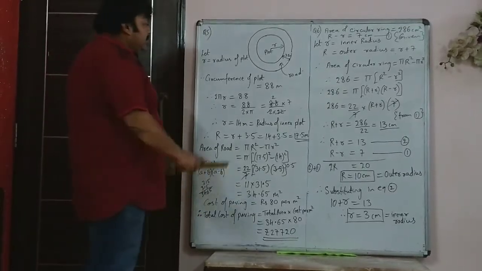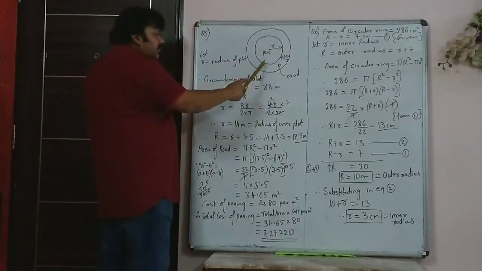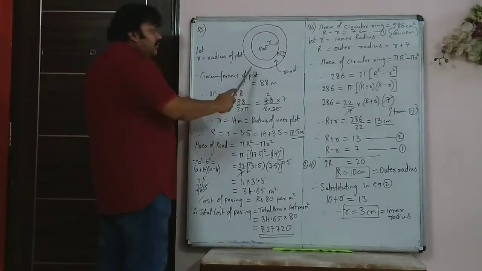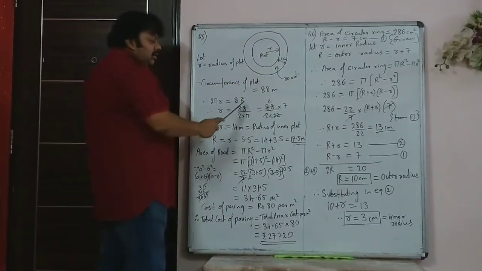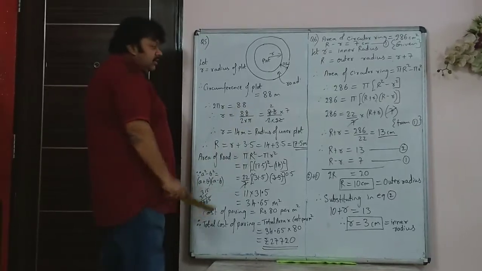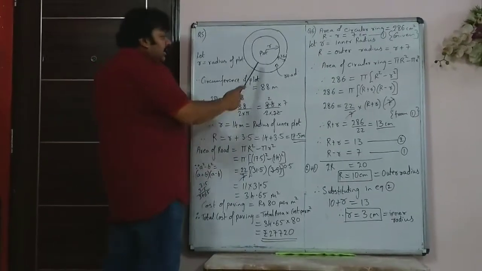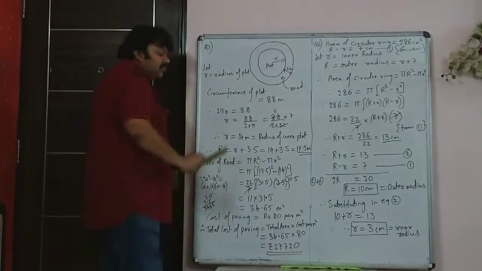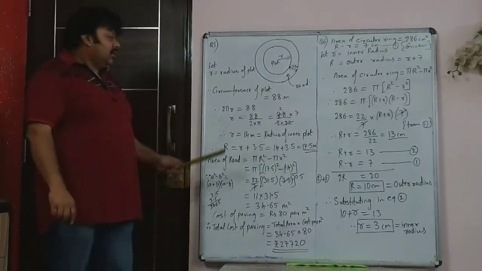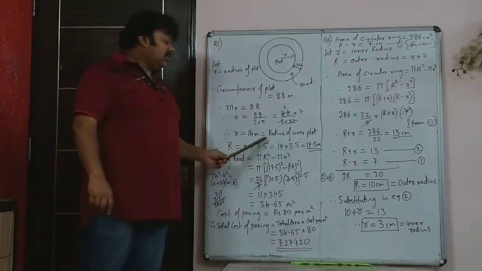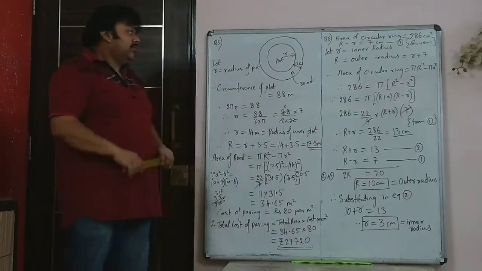The fifth question. The circumference of the inner ring is given, the circumference of the plot. This inner part is the plot. That is 88 meter. And the radius of this plot we have taken as small r. So from that you can find what is small r. 88 upon 2 pi, so that comes out to 14 meter.